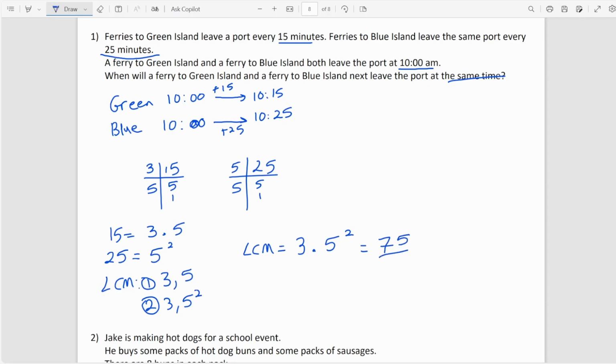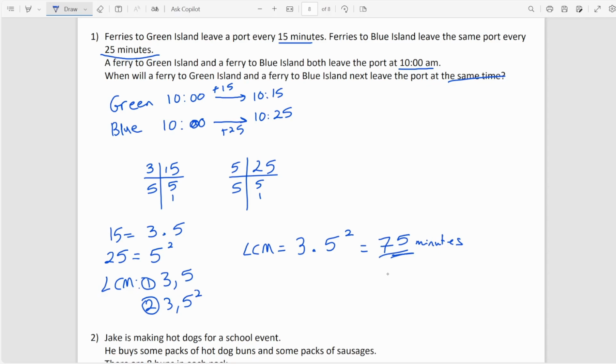So after 75 minutes, what will be the time? Well, we know that first they left at 10 a.m. The next time will be after 75 minutes. Of course, we need to understand that this is minutes, so we need to make this into hours and minutes.